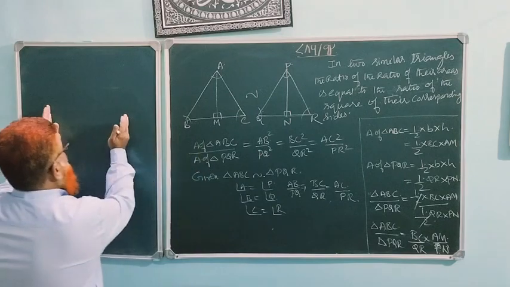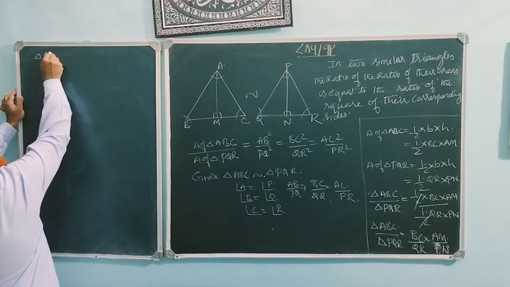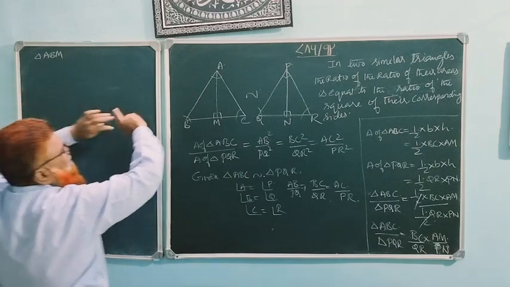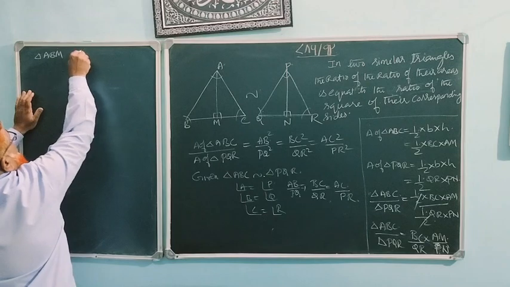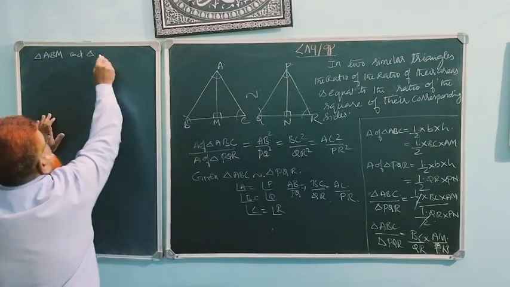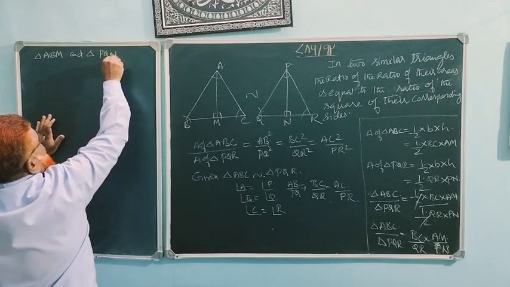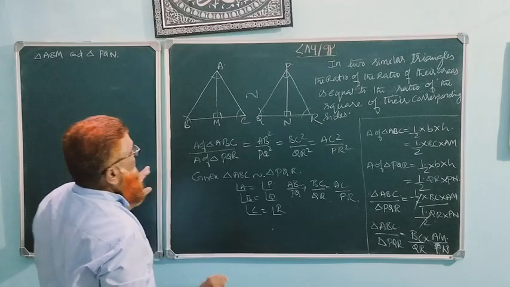I move on to this side of the board, and we need to prove something about triangle ABM, taken partly from the whole, and triangle PQN. I have taken ABM, this part, and PQN.